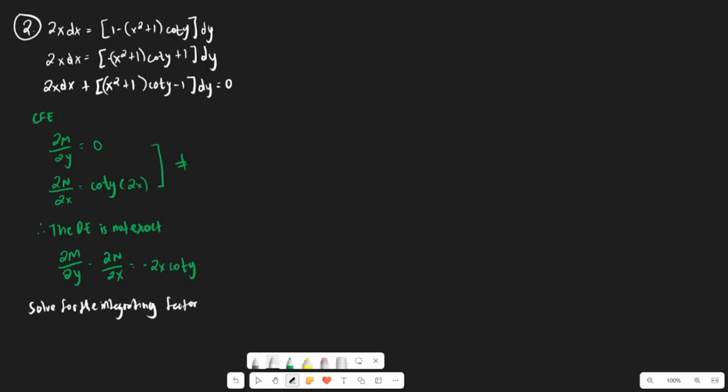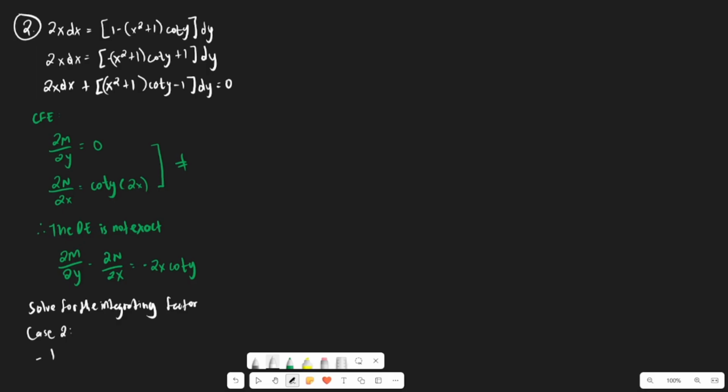So for solving for the integrating factor, we'll pick a case, either case 1, case 2, or case 3. In this case, we'll pick case 2. When we pick between these two, M and N, case 2 is only a monomial, so it is easier for us to divide by a monomial, which is 2x.